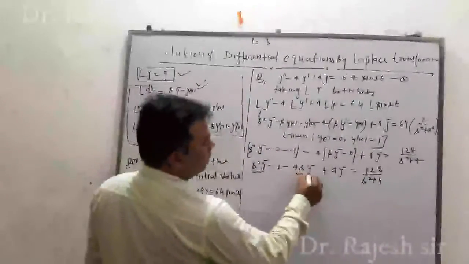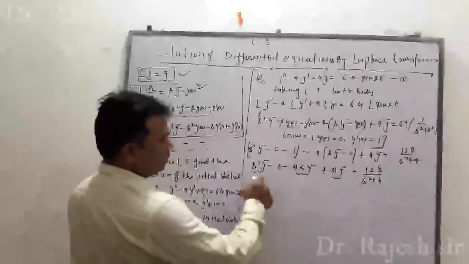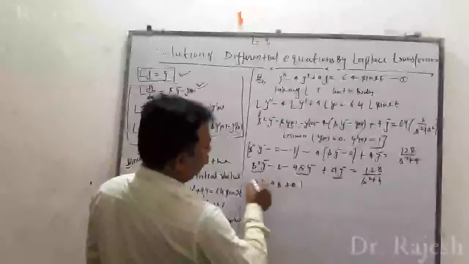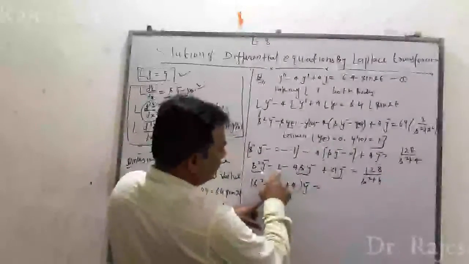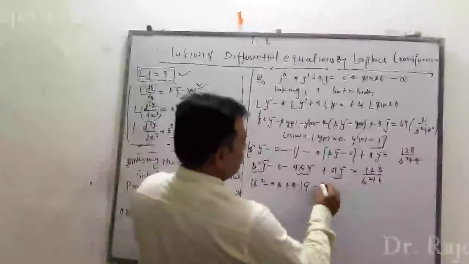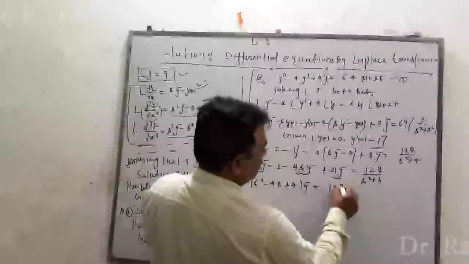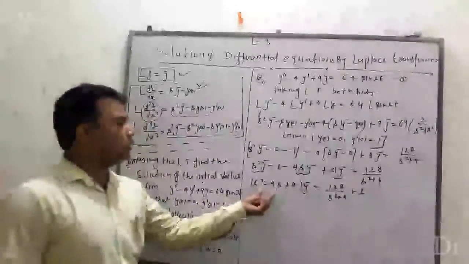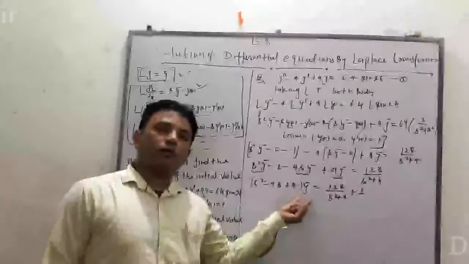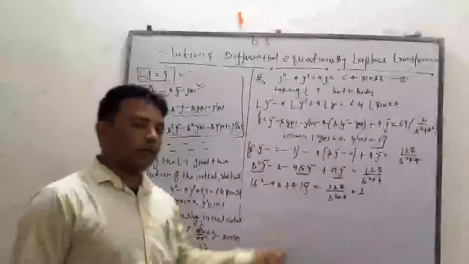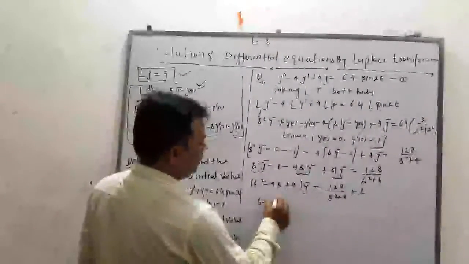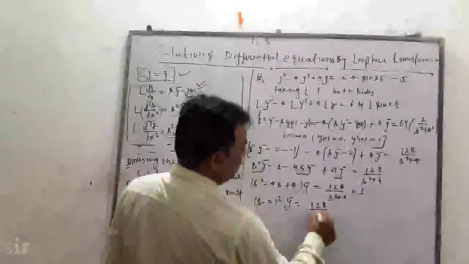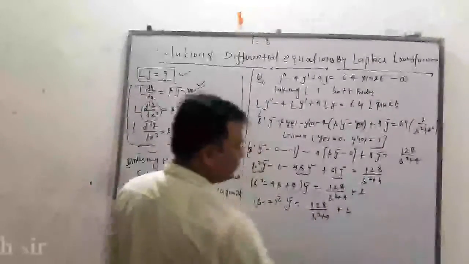We take y bar common in this term: s square minus 4s plus 4 times y bar equals 128 upon s square plus 4, plus 1. This s square minus 4s plus 4 is a minus b whole square, which means s minus 2 whole square y bar equals 128 upon s square plus 4 plus 1.